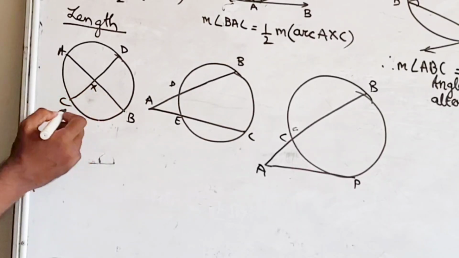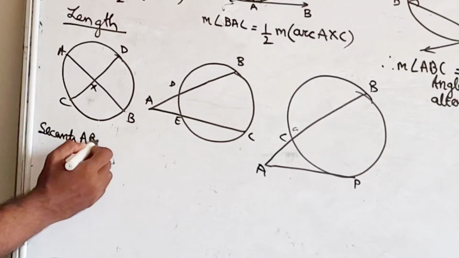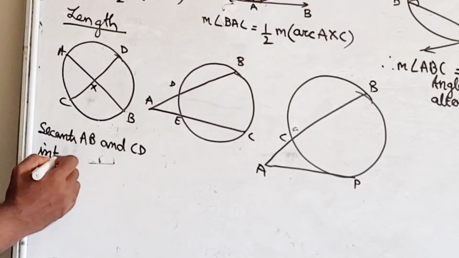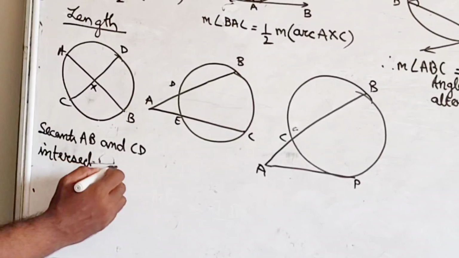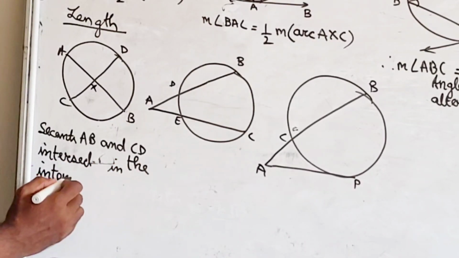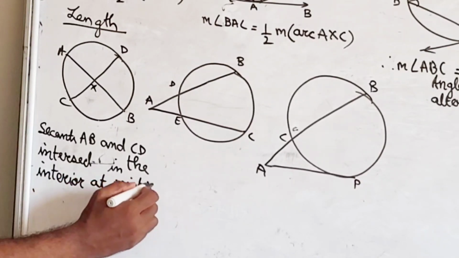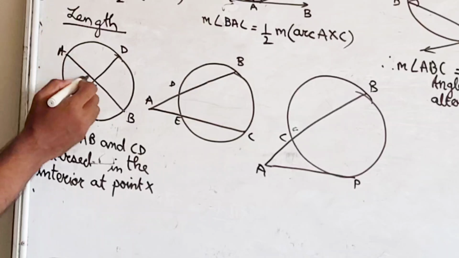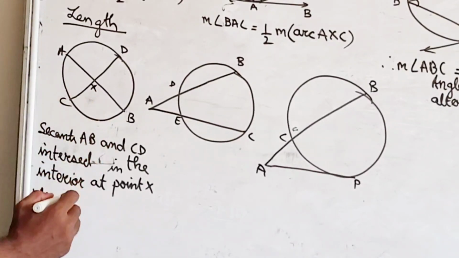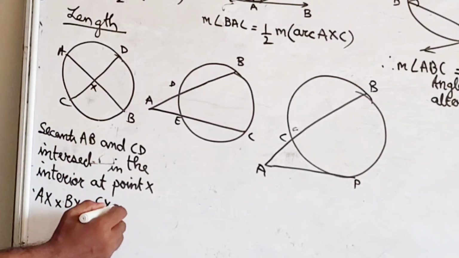When the secants AB and CD intersect in the interior at point X, then the property is AX into BX will be equal to CX into DX.